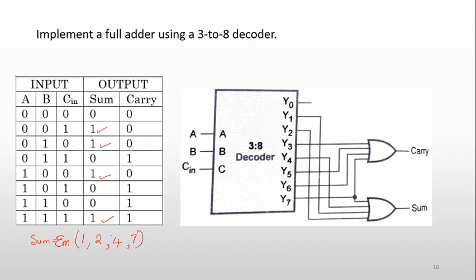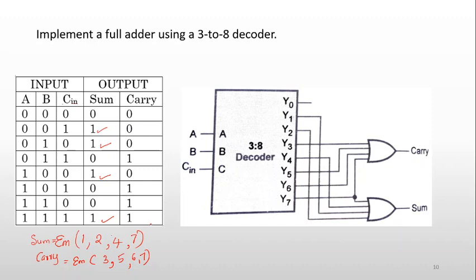So sum is equal to summation m of 1, 2, 4, 7, and what is carry? Carry is equal to summation m of 3, 5, 6 and 7, that is the minterm values 3, 5, 6, 7 are set to 1 for carry.